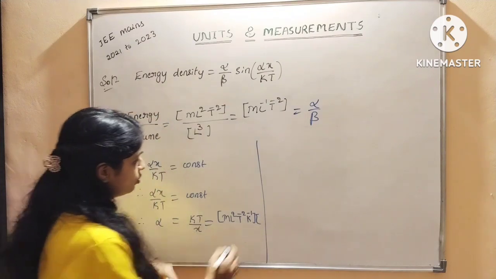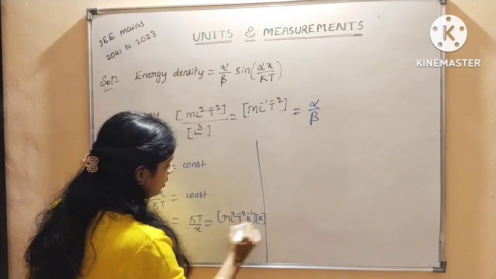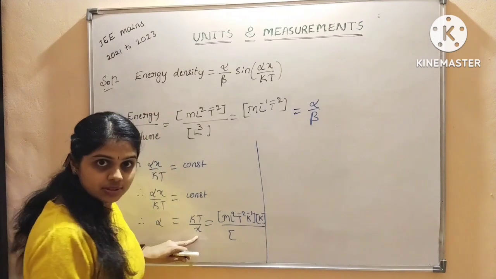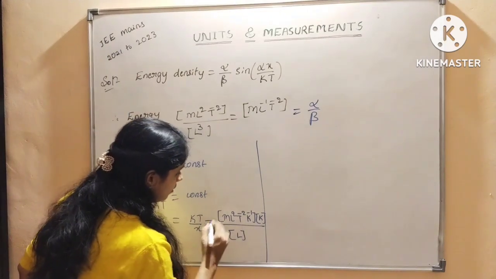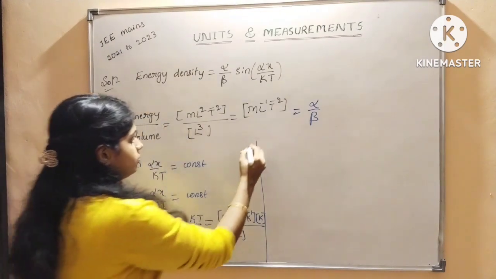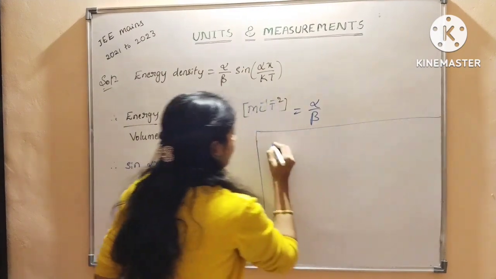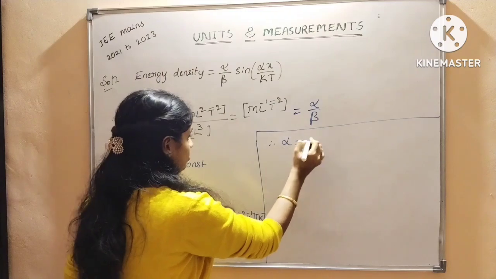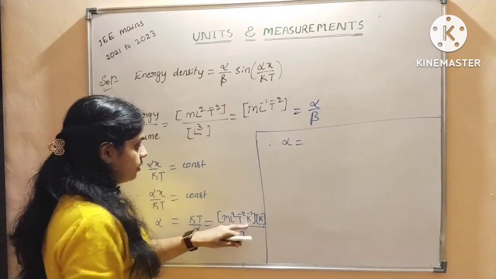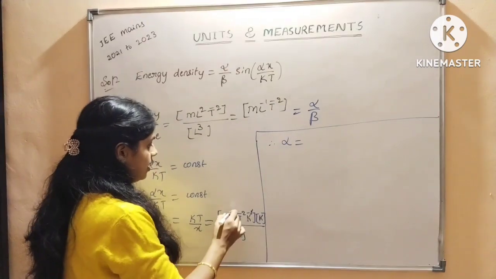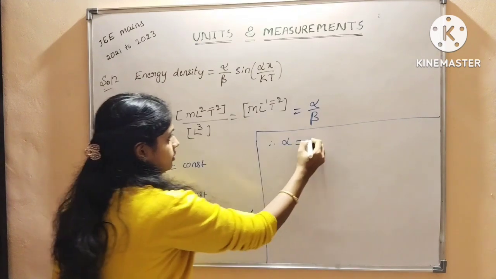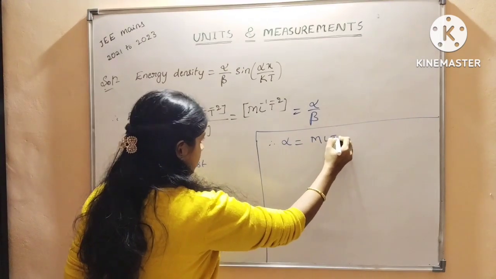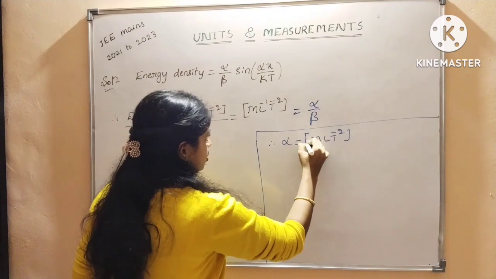Here the dimension of temperature is Kelvin, and distance x has the dimension L. Therefore, the dimension of alpha equals, k cancels, L square by L is L, so m L T raised to minus 2 is the dimension of alpha.